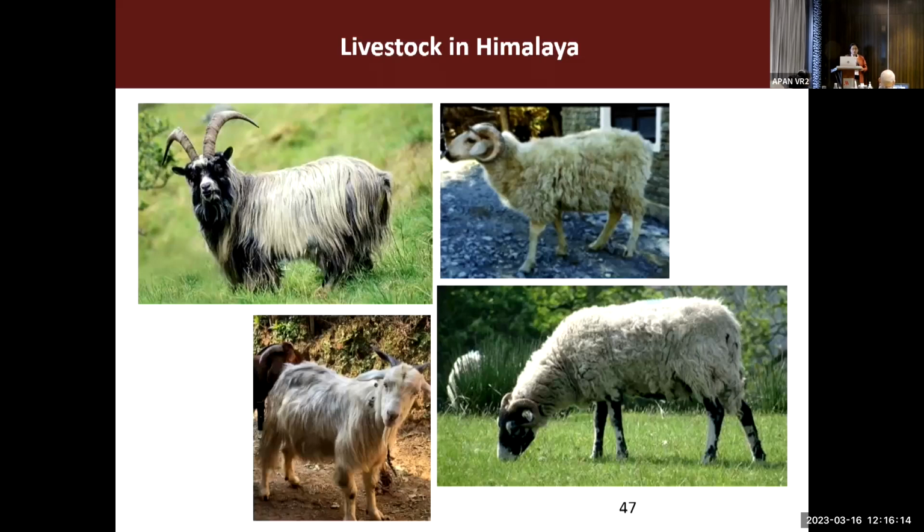They have a very unique mechanism to adapt there. We have already identified some novel genes which govern adaptation to altitude. So we have very important genetic resources at higher altitude, but the information we have is very little.